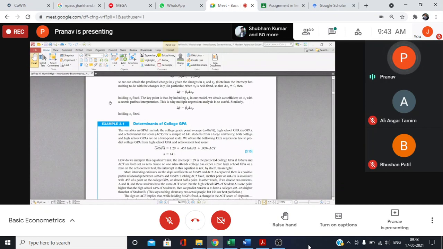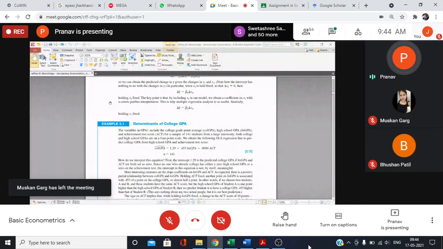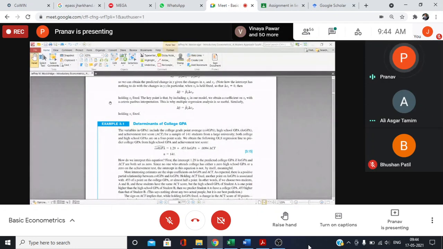They have collected scores of high school GPA and an achievement test score for 141 students, and they're trying to build a model to understand how the achievement test score and high school GPA affect the performance of these students in college. Just give me a second.